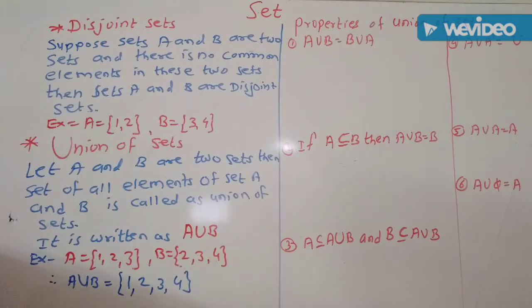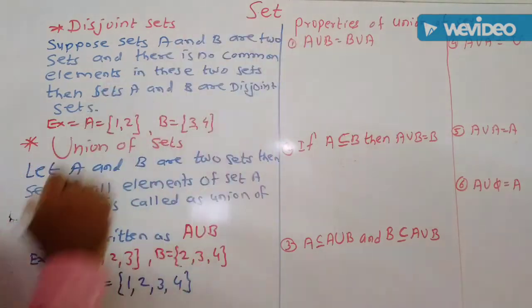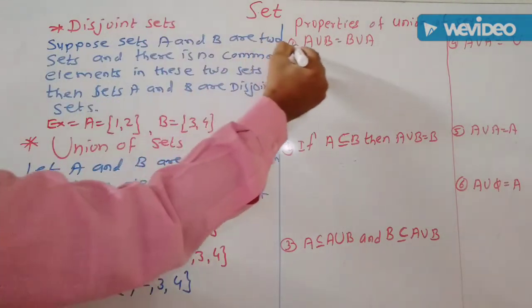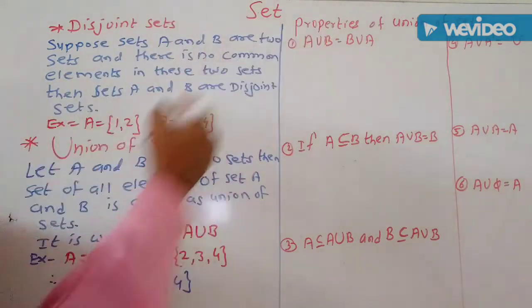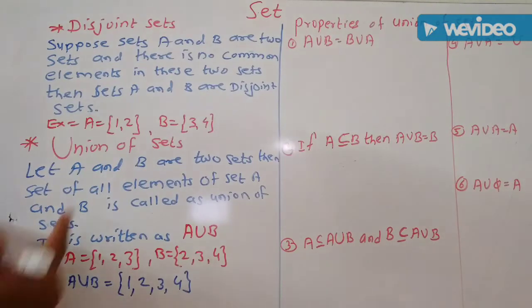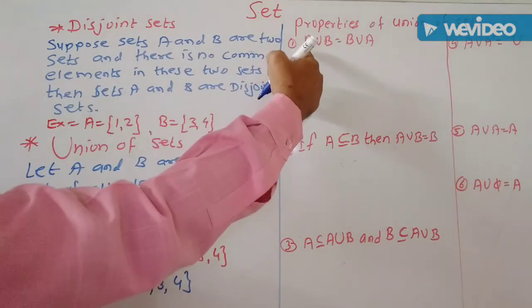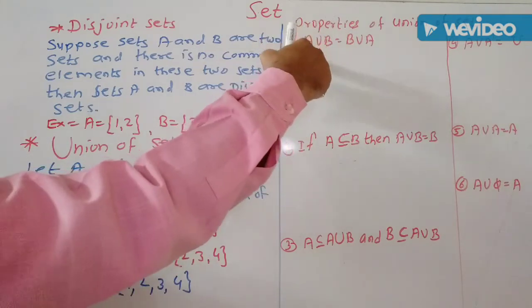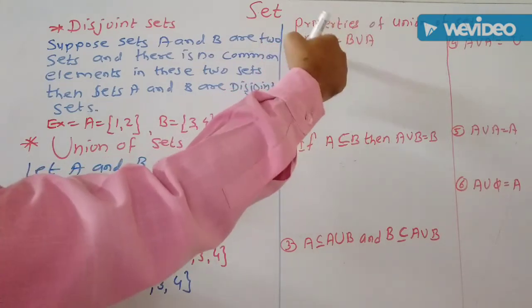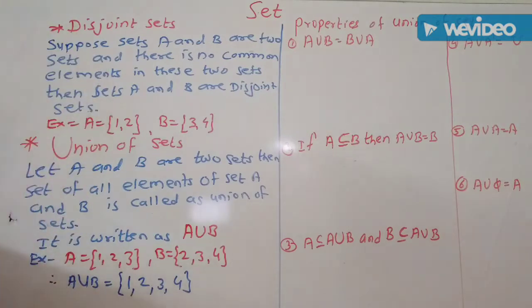Then, properties of the union of two sets. First is A union B is equal to B union A. That means, if we take the union of two sets in any way, either A union B or B union A, we get the same set.